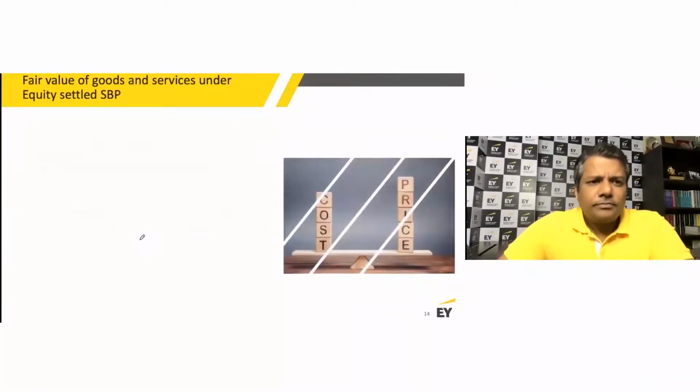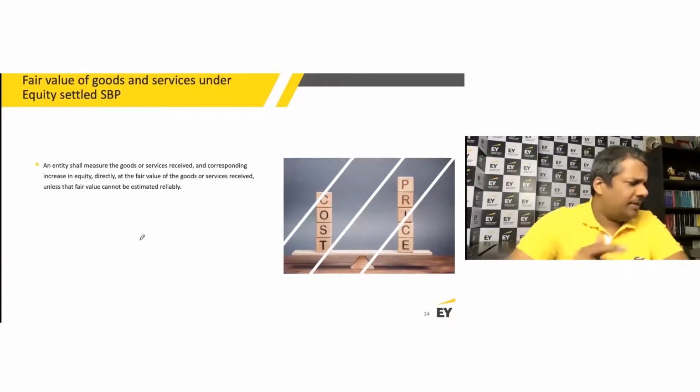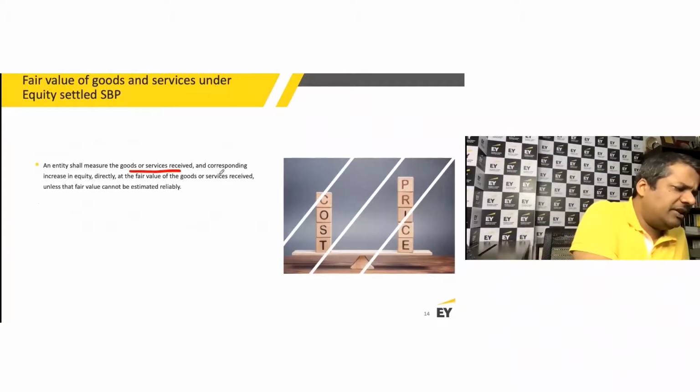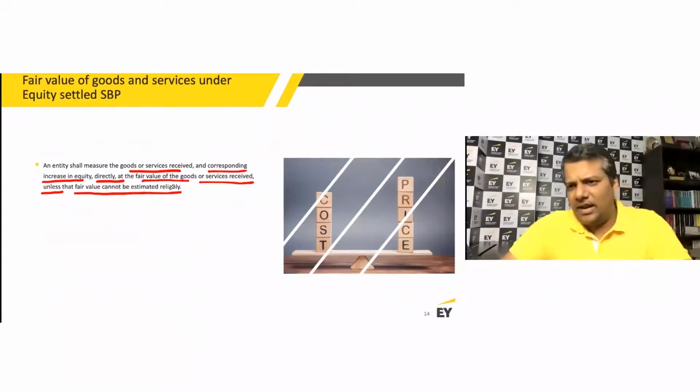Now, fair value of goods and services under an equity settled share based payment arrangement. This is what I was trying to say: an entity shall measure the goods or services received and the corresponding increase in equity directly at the fair value of the goods or services received, unless that fair value cannot be estimated reliably.